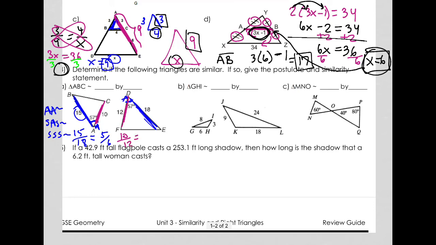So 2 goes into both, so that's 5 over 6. So it does. We do have corresponding sides are proportional. So that's a side, and this is a side. And then we have our angle. So we should see side, angle, side. So we know it's side, angle, side similarity.